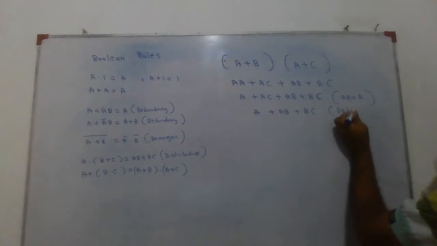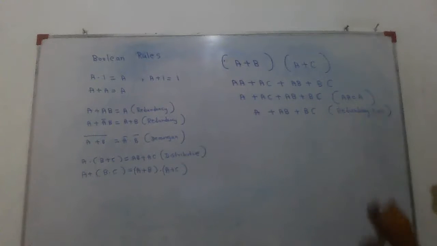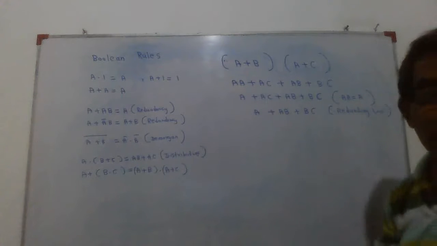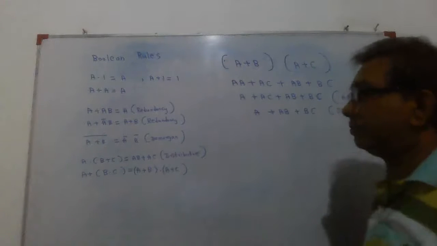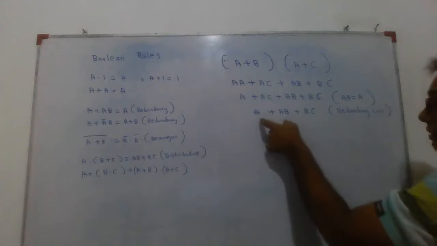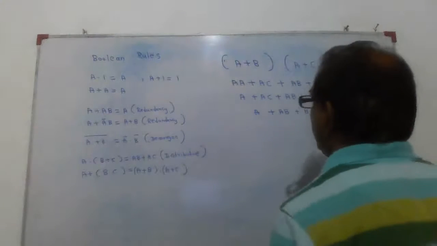I saw the redundancy law here. So I directly applied: A or A and C is A. That is the redundancy law. Now what has happened here? Here we can even see A or A and B, and the same law applies.